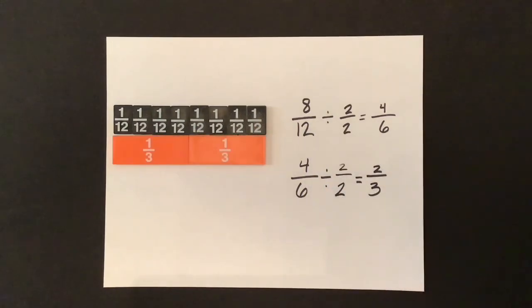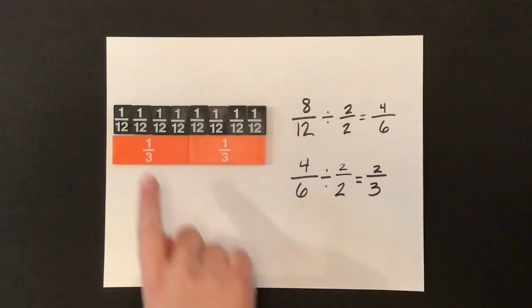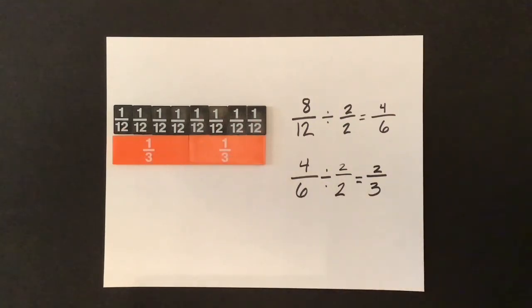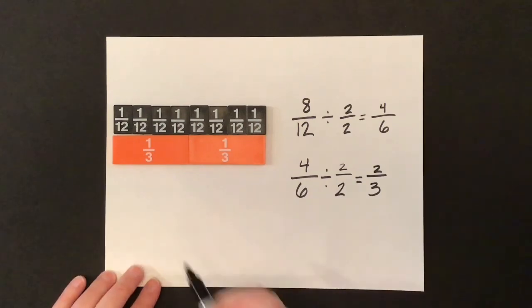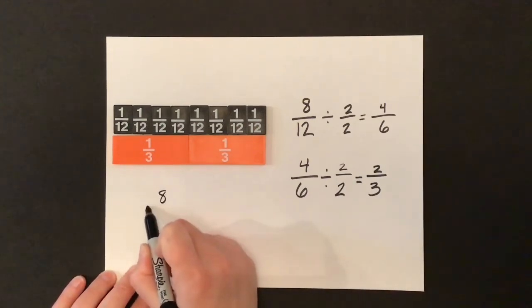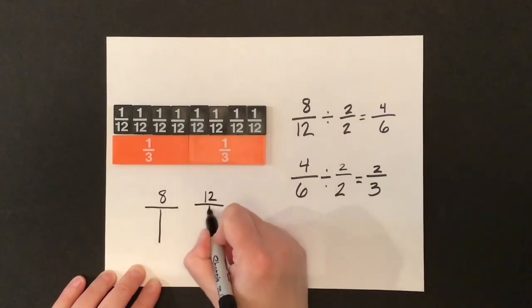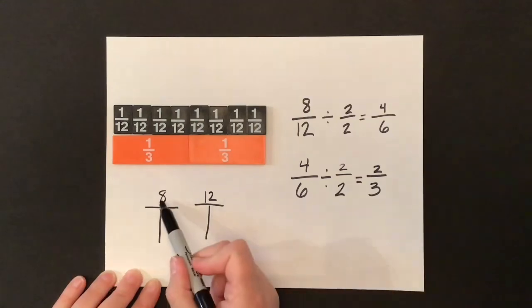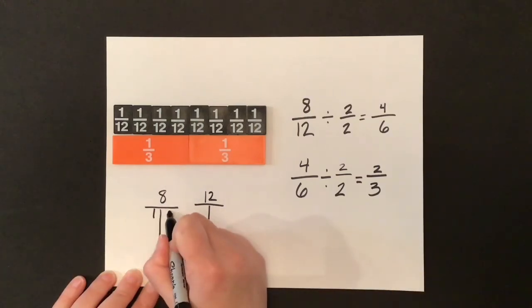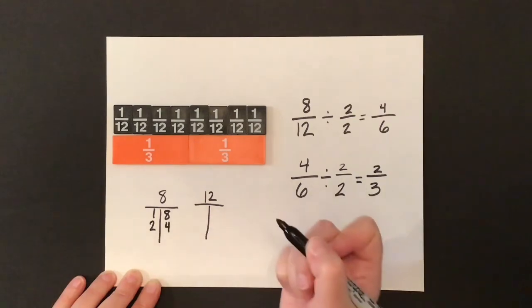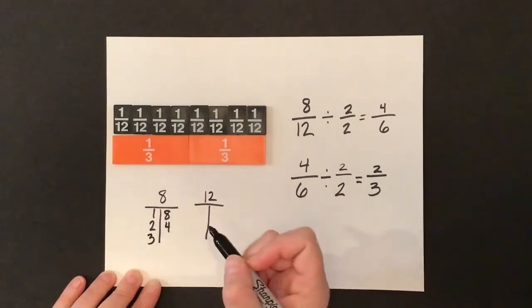Is there a way I could have gone from 8/12 to 2/3 by just dividing one time? Well, the answer is yes, and it all depends on the factors. So let's take the time to list out our factors. The factors of 8 are 1 times 8, 2 times 4. 3 is not a factor.